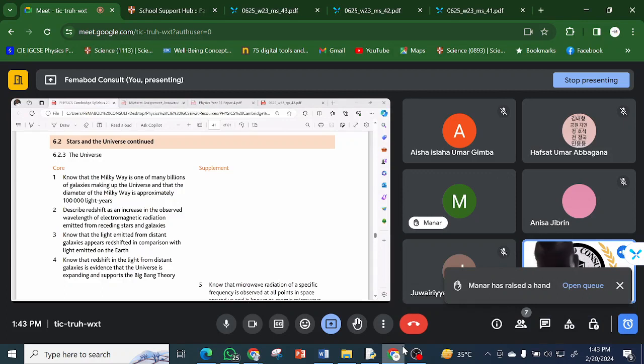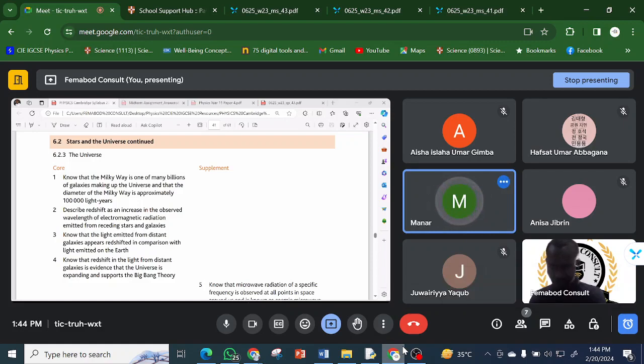Know that the Milky Way is one of many billions of galaxies making up the universe, and that the diameter of the Milky Way is approximately 100,000 light years. Describe redshift as an increase in the observed wavelength of electromagnetic radiation emitted from receding stars and galaxies.